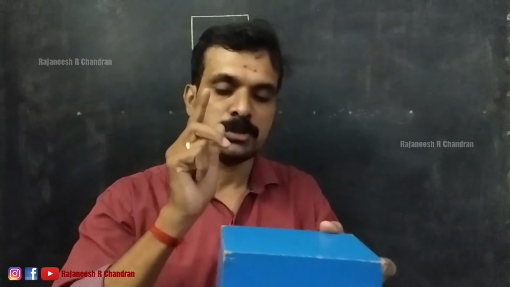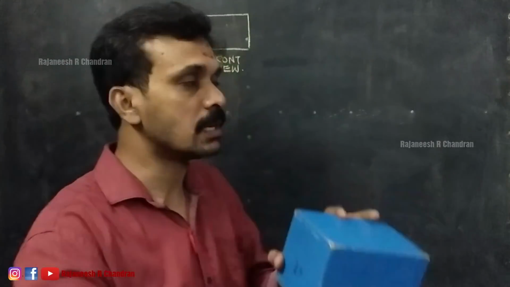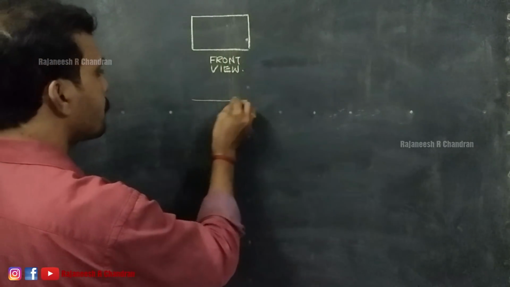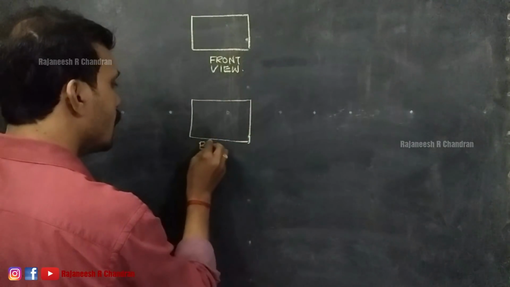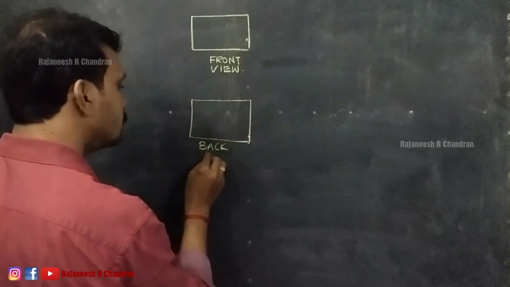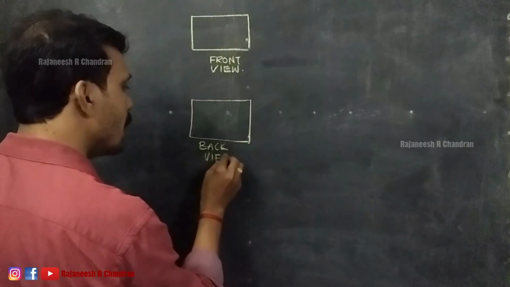Clear? Similarly, the observer can observe from the back. See, this is its back. In that position also he can see a rectangle, so he can draw another rectangle and write it as back.